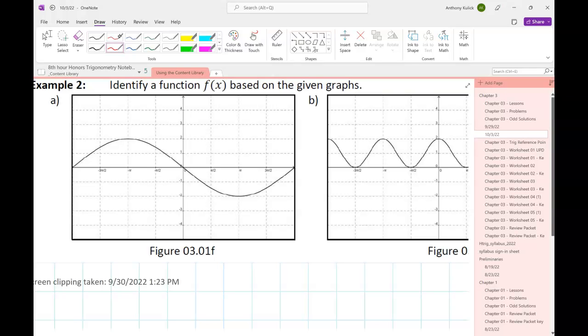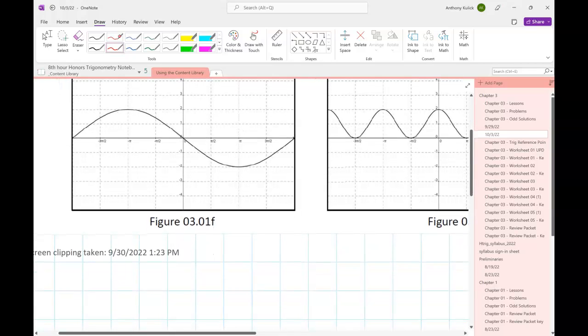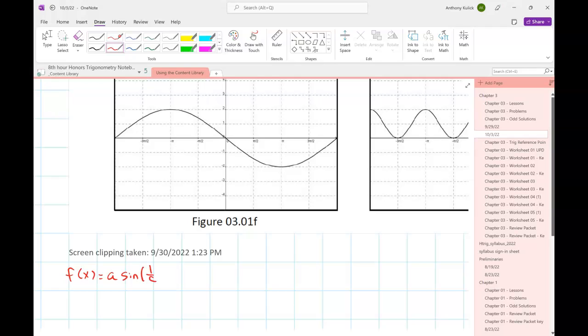All right. So let's look at example A here first. So what I'm looking to do, let's do the sine version first, then we'll come back and do the cosine version afterwards. Is everybody okay with that? So that's the general form for the sine function, right?